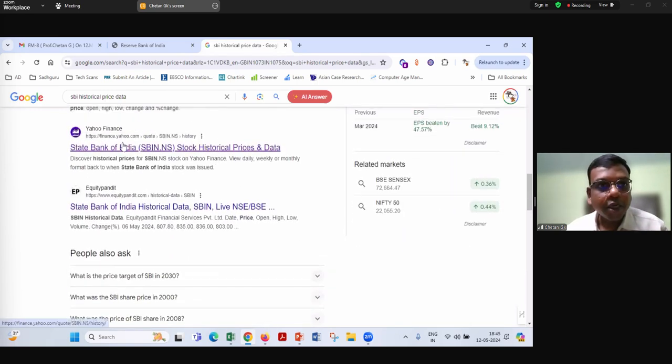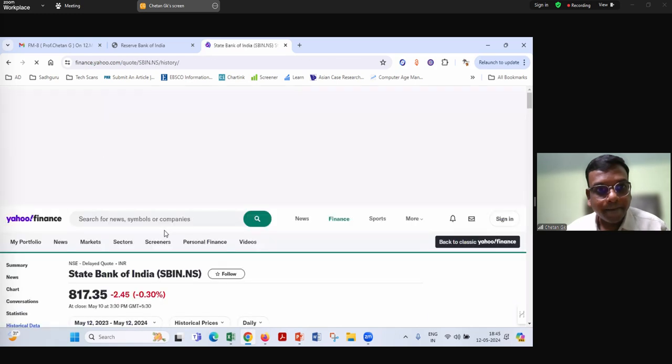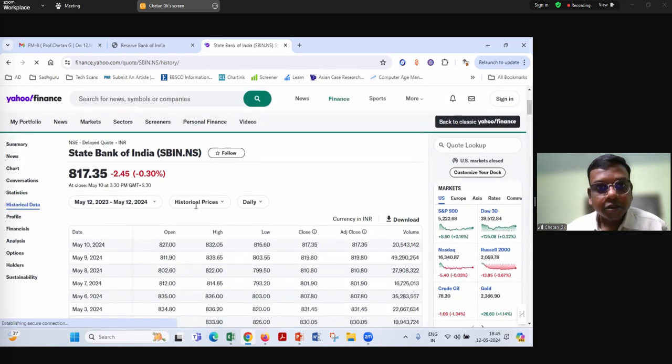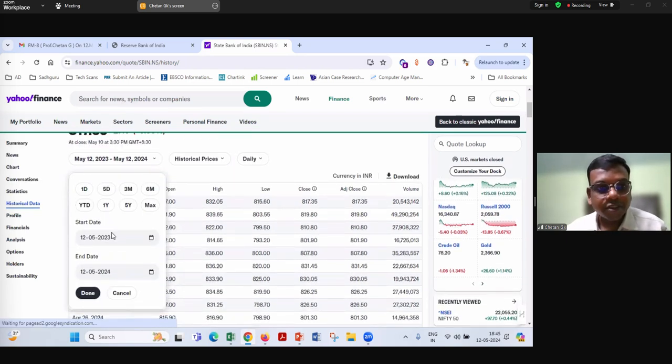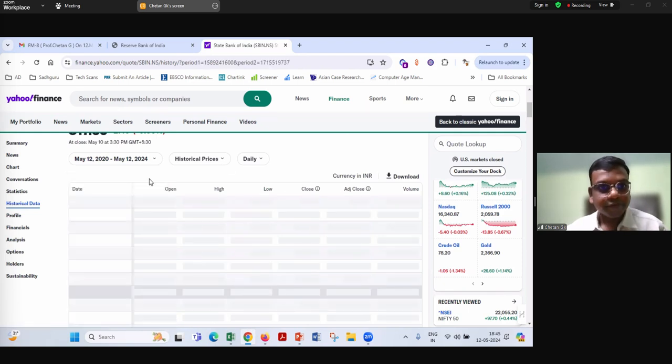Okay, so I'll take up this Yahoo Finance data now. I'll click here. So historical prices, it is here. Do along with me. So normally beta should be computed for the last 5 years. So I'll take 2020. Done. Is it fine?